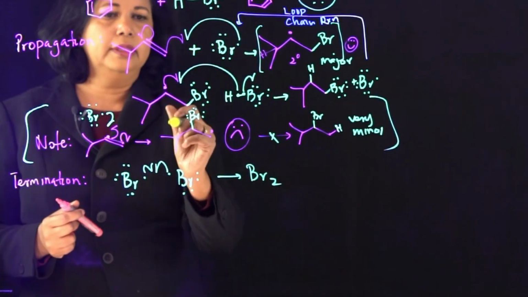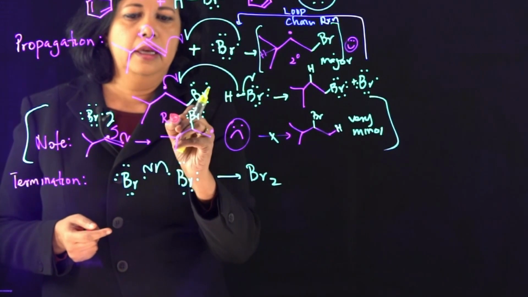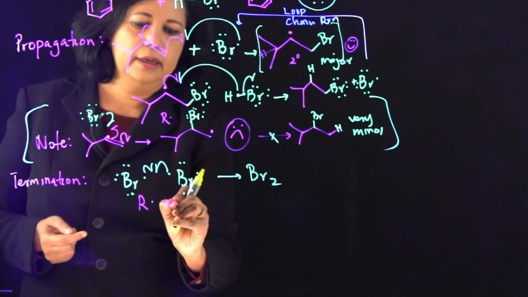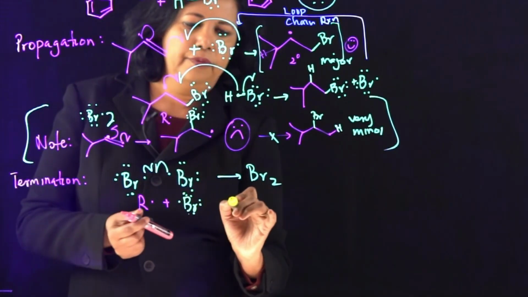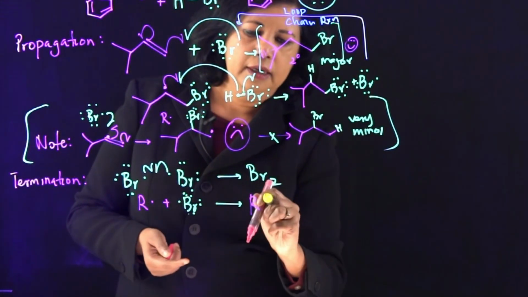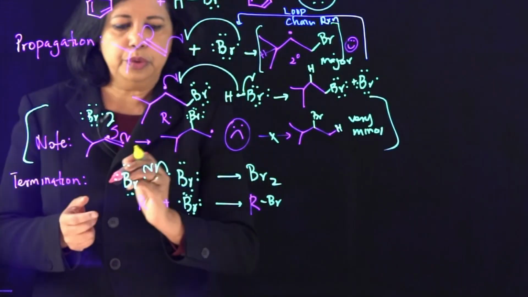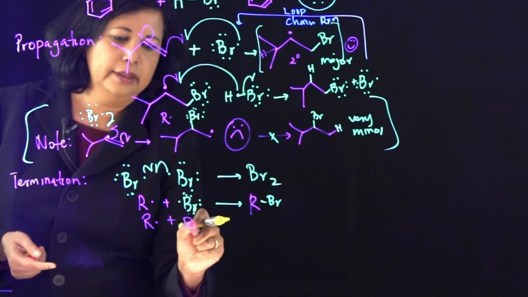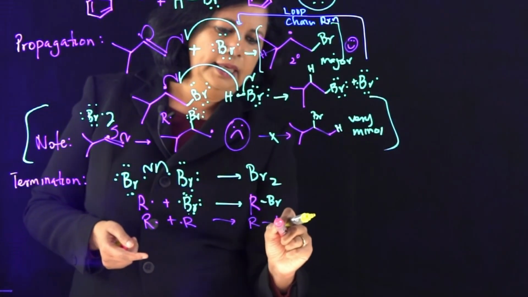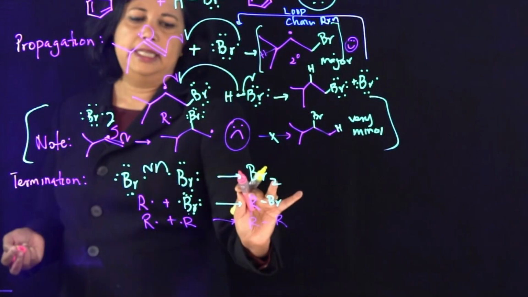Or you can call this, let's say, an R radical and a bromine radical come together, which is what you want, and form a product. And depending on who's left behind, if mostly R's are left behind, the R radical and the R radical will just make an alkane. Okay, this is just a teeny part of it.